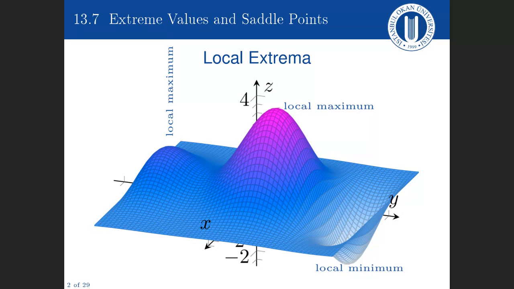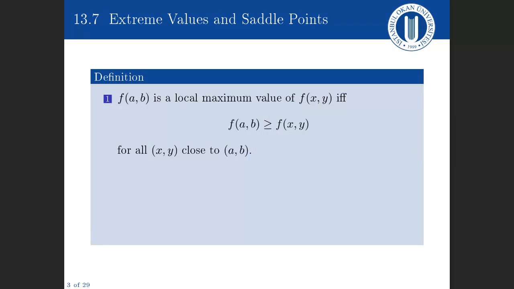You talked about local maxima and local minima, local extrema in mathematics 1. We're going to extend the ideas to functions of 2 variables now. f at a, b is a local maximum value of our function f, if and only if f at a, b is always bigger than f at x, y for all x and y close to a, b.